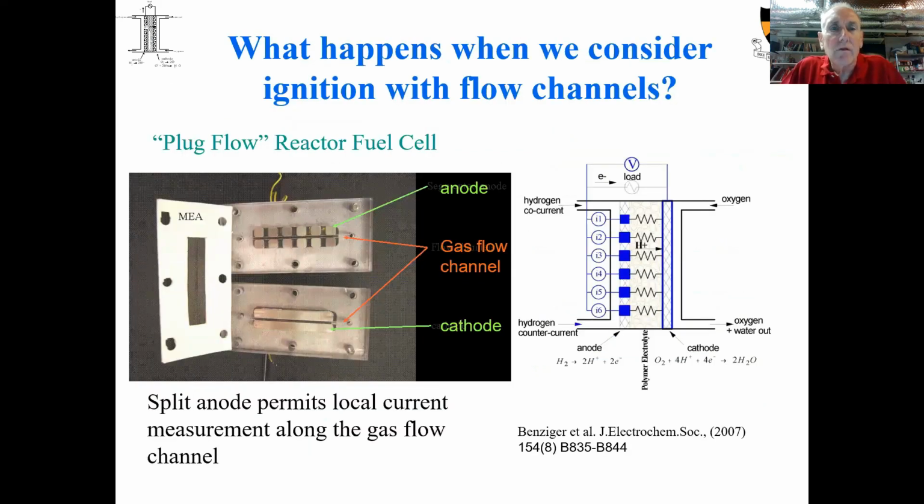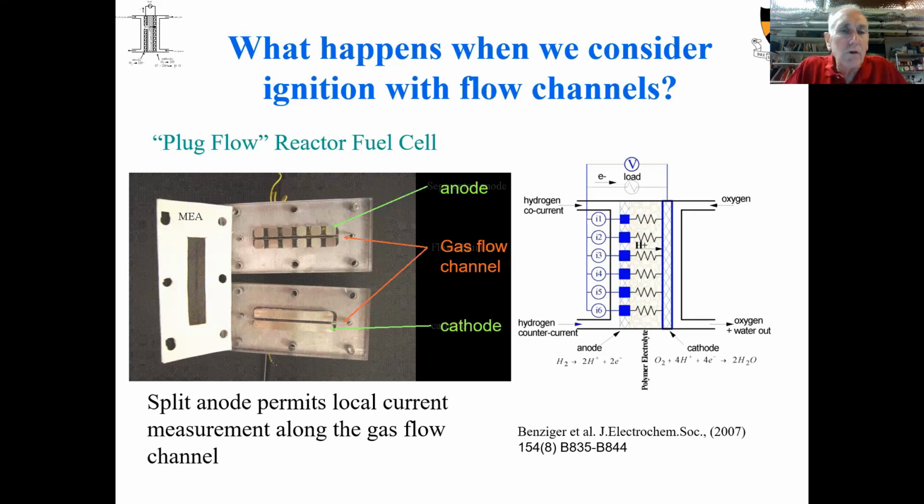So we then said, well, what happens when we consider ignition with flow channels? We can think of the flow channels as being a flow type reactor, as opposed to the stirred tank reactor that we were just looking at in the differential case.